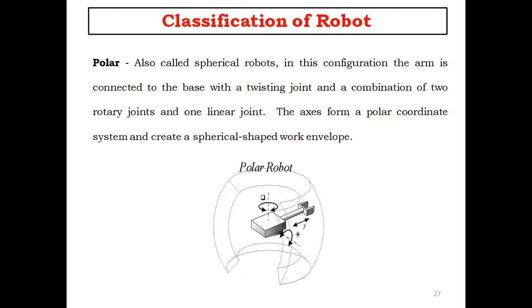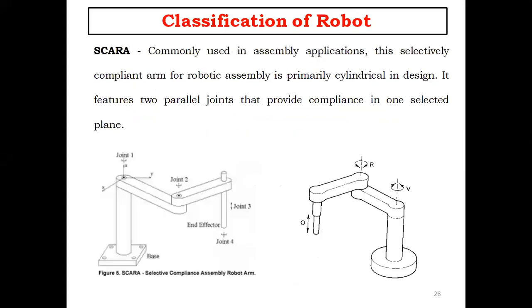Whereas in the case of polar coordinates, also called a spherical robot, the arm is connected to the base with a twisting joint and a combination of two rotary joints and one linear joint. The axes form a polar coordinate system, and it creates a spherical-shaped work envelope.